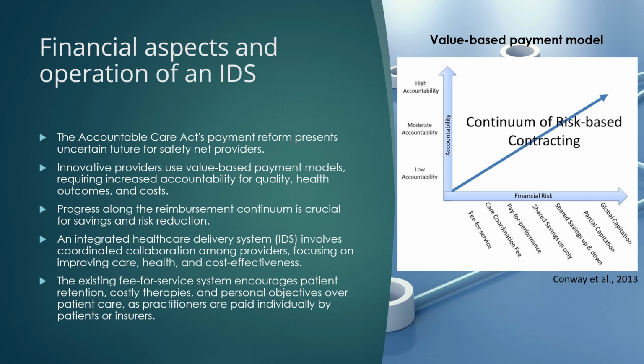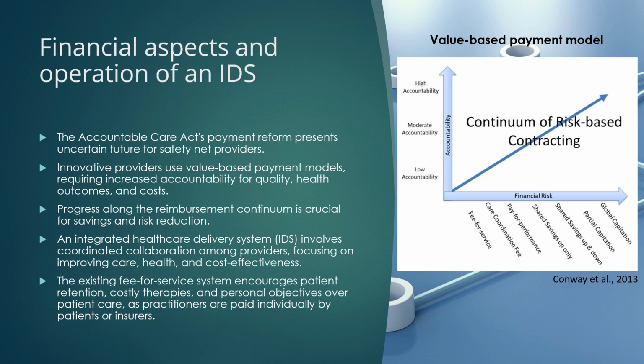And I found an example here from Conway et al. 2013 of a graph that demonstrates the value-based payment model, which basically correlates higher financial risk with higher accountability. The graph shows the continuum of risk-based contracting.